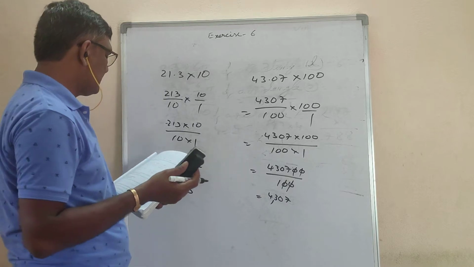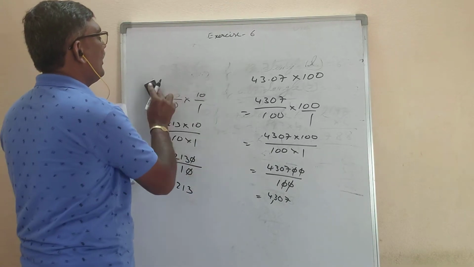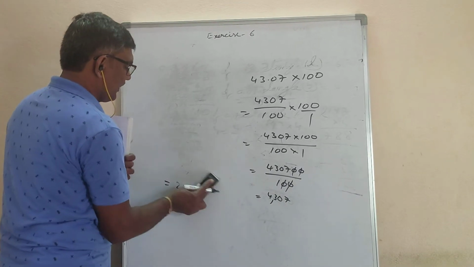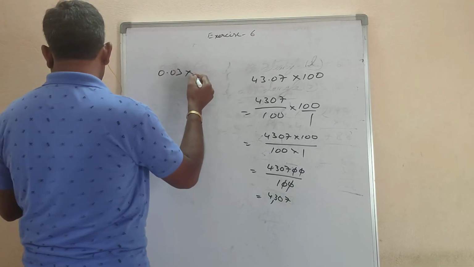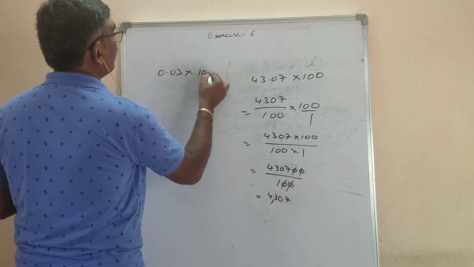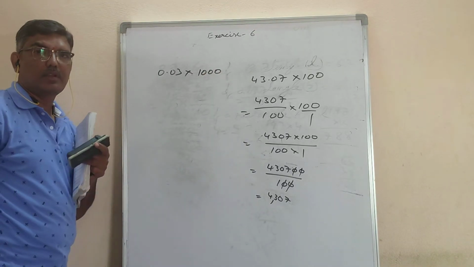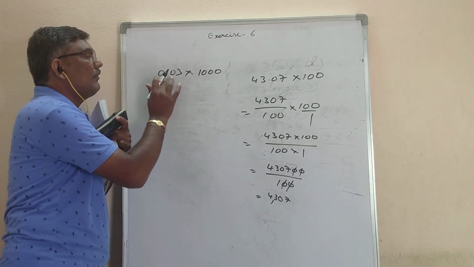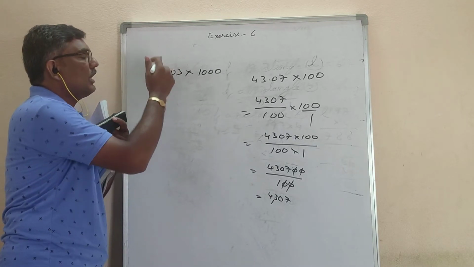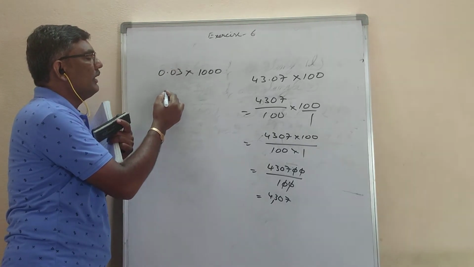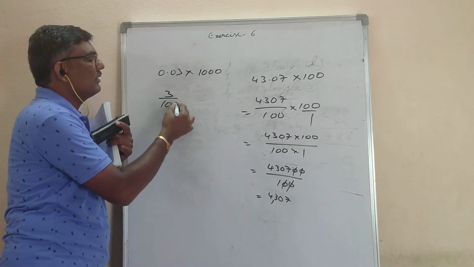Okay. Now, last, do 0.03. 0.03 should be multiplied with 1000. After the point, how many digits do you see? 2 digits. So if you want to convert into a rational number, this is 3 by 100.